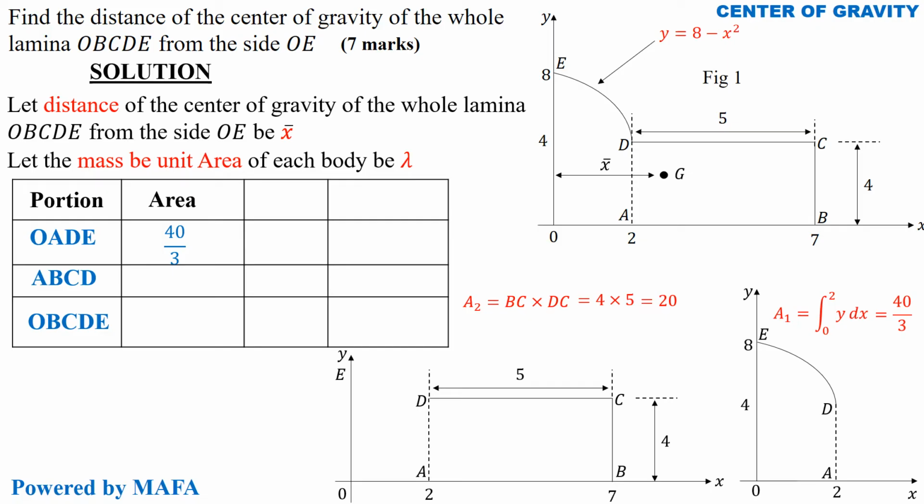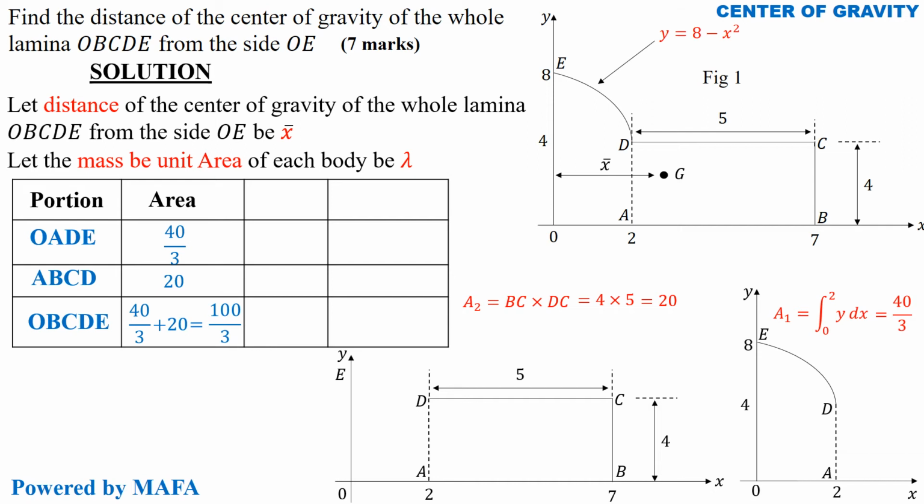So doing that, we have 20 centimeters squared, but we don't actually need the units. They are still going to cancel off at the end. So the area of ABCD is 20 square units. So the area of the whole lamina is simply the sum of the areas of its individual portions, because the lamina consists of 2 portions only.